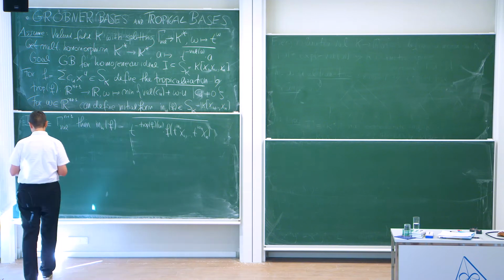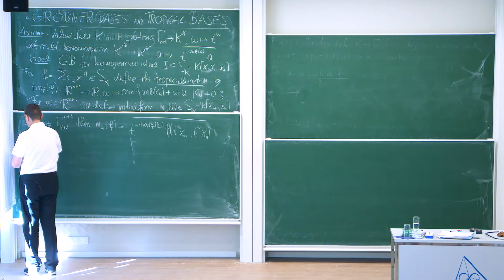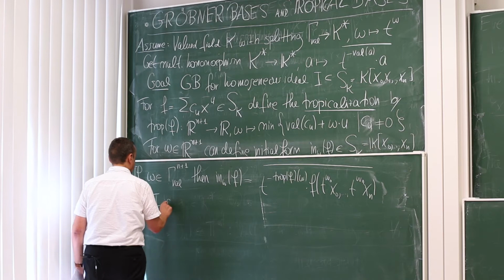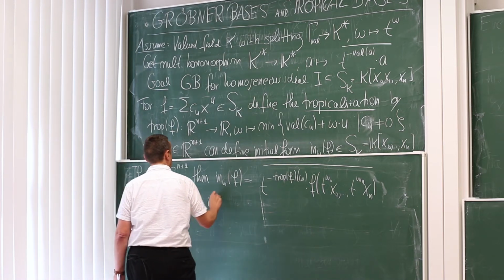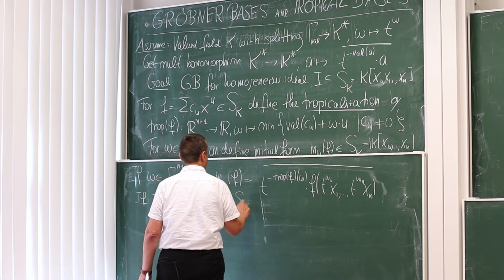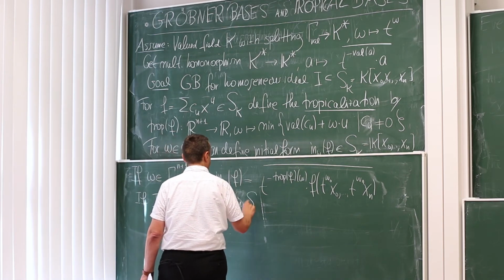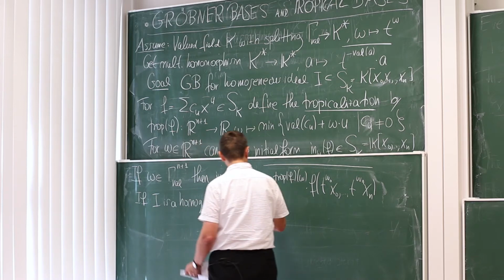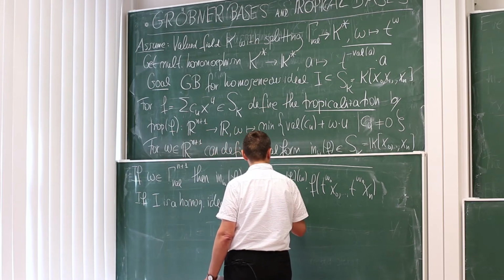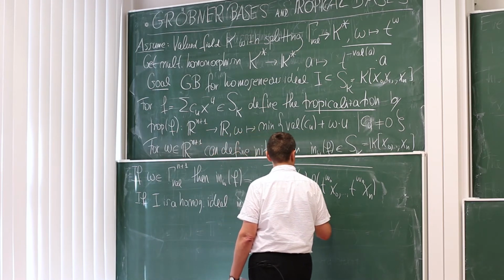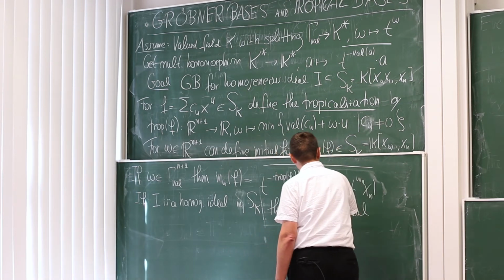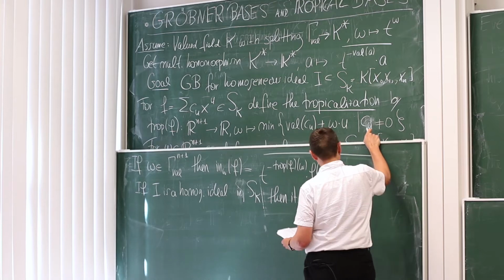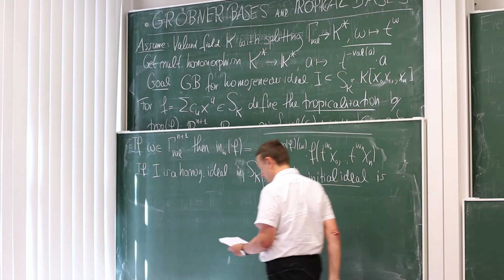Okay, so that's the initial form. Well, with this definition, if I is a homogeneous ideal, classical homogeneous ideal in the polynomial ring Sk, then it has an initial ideal. So the initial ideal is generated by the initial forms.